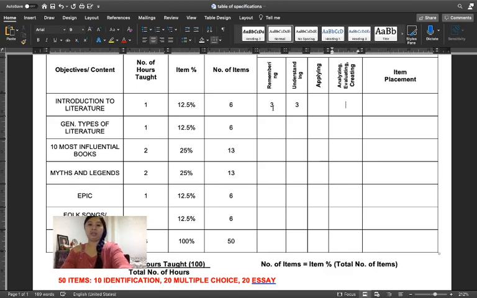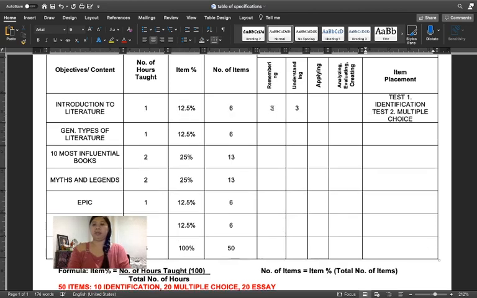So total, 3 plus 3 is 6. Item placement would just be test 1, identification, and test 2, multiple choice. So you can just find the introduction to literature on the 2 parts of your examination.